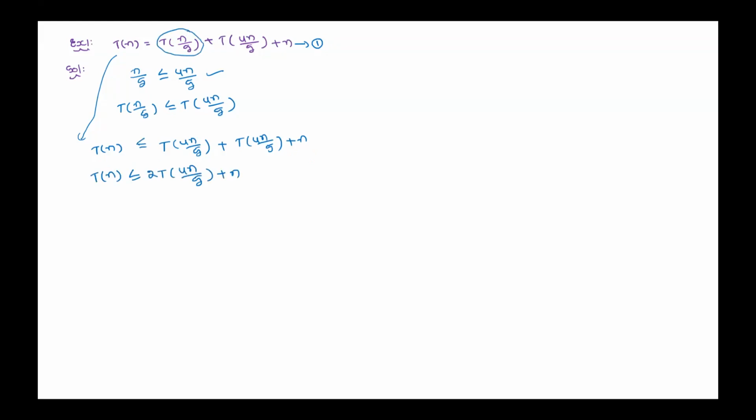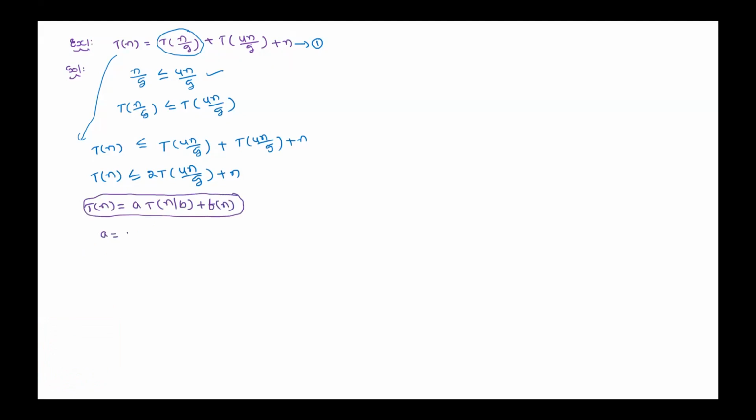Now which case of master theorem is applicable here? We can solve it by assuming equality, then after that we can appropriately change the notation. If you compare with T of n equal to a times T of n by b plus f of n, tell me what the a and b values are.